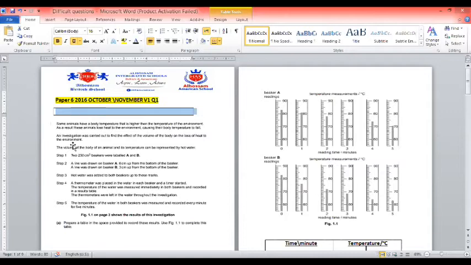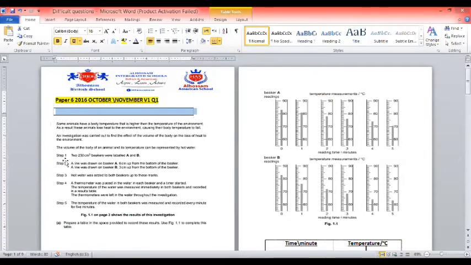So what is the idea of the investigation? Effect of volume of the body on the loss of heat. Let's see. The volume of the body of an animal and its temperature can be represented by hot water. Okay, good. So they are going to use hot water of a certain volume representing the animal.